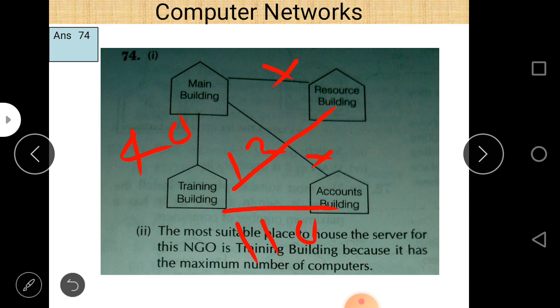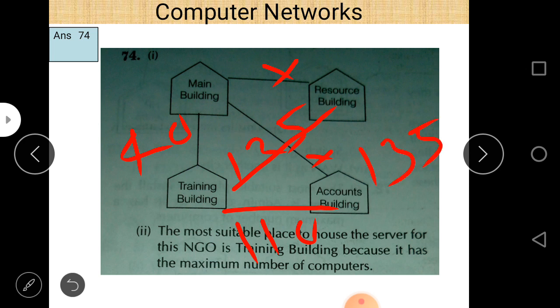So overall the length of cable we require is 110 plus 40, 150, 150 plus 125, 275 in this case, and all buildings are connected to each other.